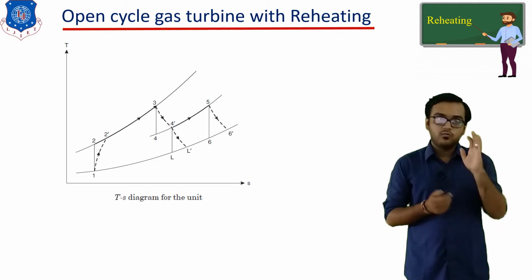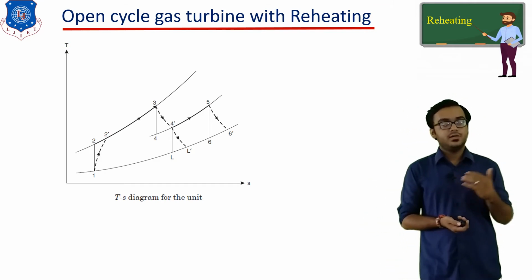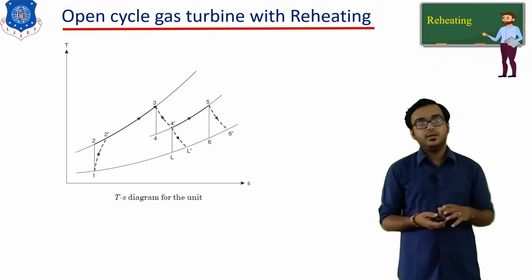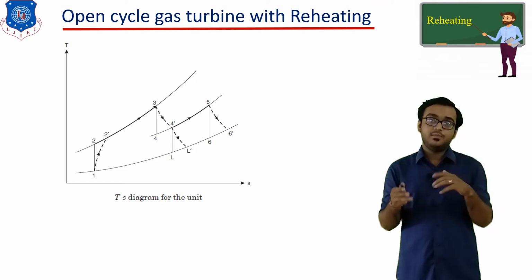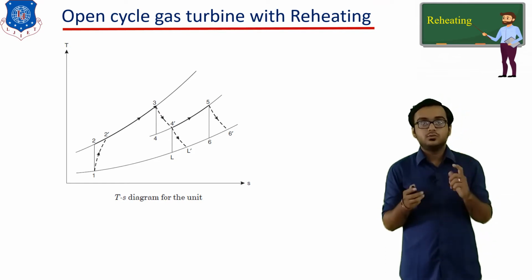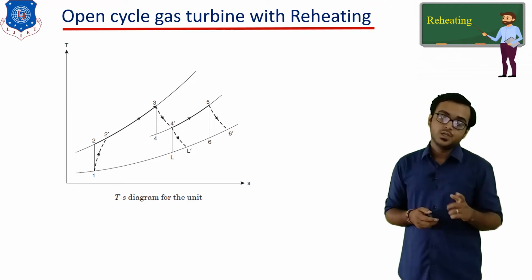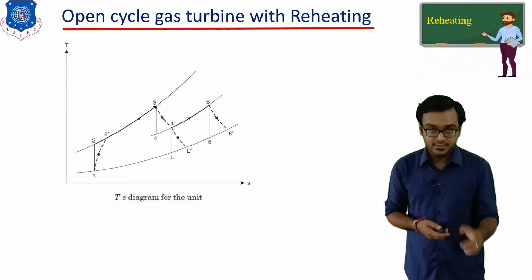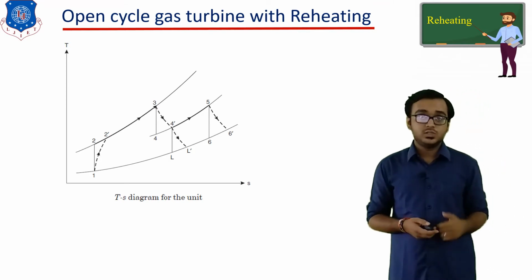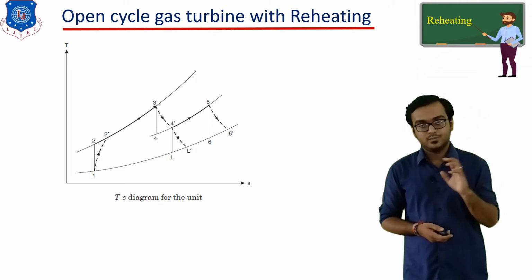After the compression, if you recall the system diagram, 2 to 3 is the combustion process in combustion chamber 1. So in this diagram, 2 to 3 is the ideal combustion process, while 2' to 3 is the actual combustion process.